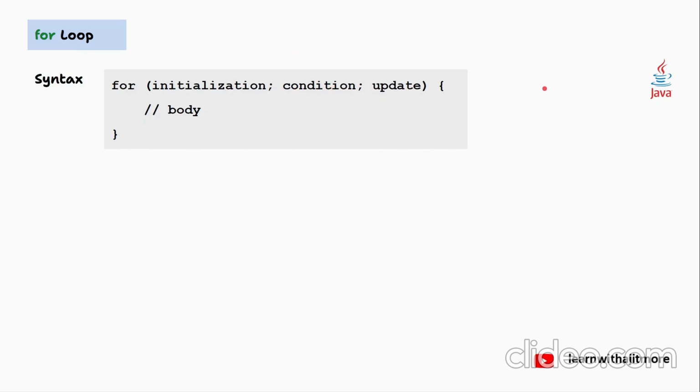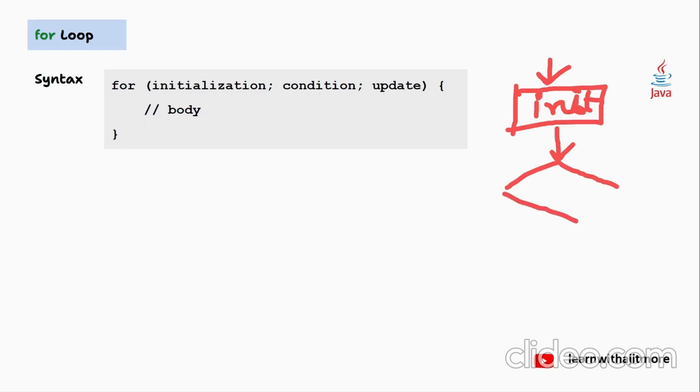Okay? So, if I draw a flow chart for this, so in the beginning, what is done? Initialization. Okay? Then, immediately after initialization, what is tested? The condition. Conditions are always tested in this diamond sign. Okay?